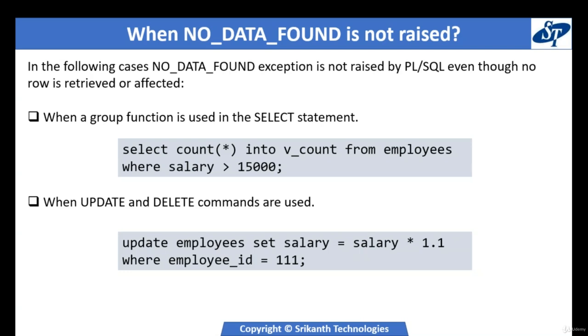And then coming to update and delete. Even those two commands do not raise no data found. So I'm trying to change salary for employee 111, but if employee 111 is not found, you are not going to get any exception. It will just go to the next statement. You have to be aware of this, because if you expect no data found to be raised here, you are wrong.